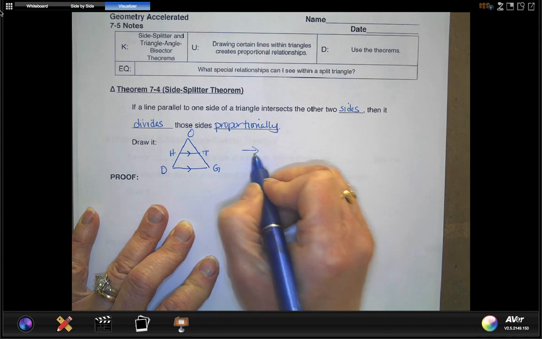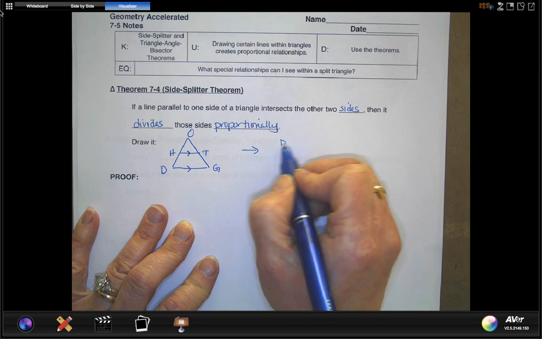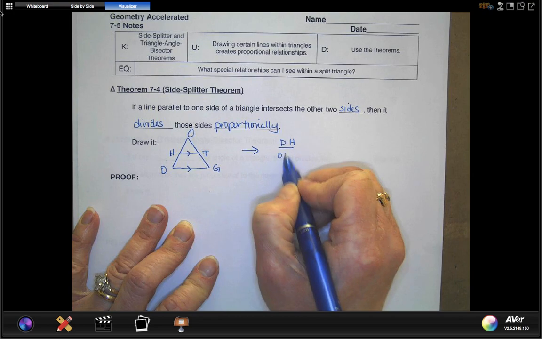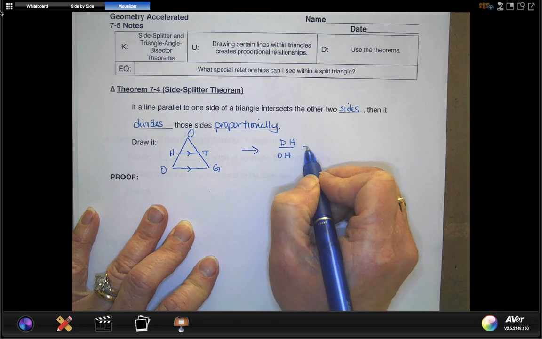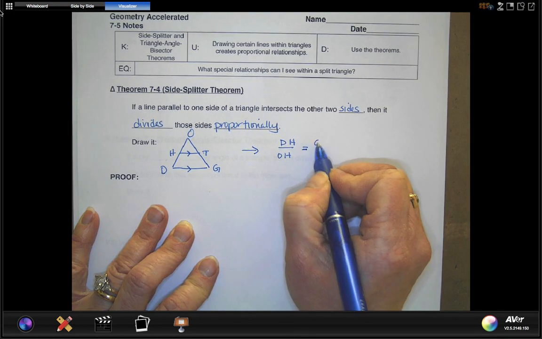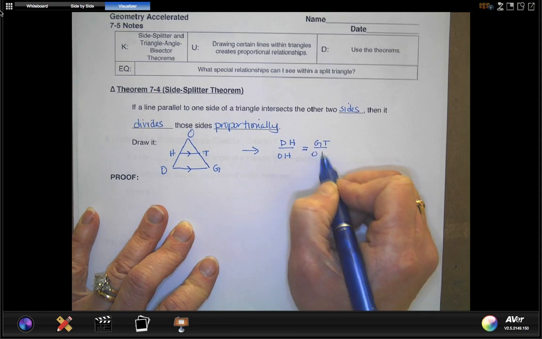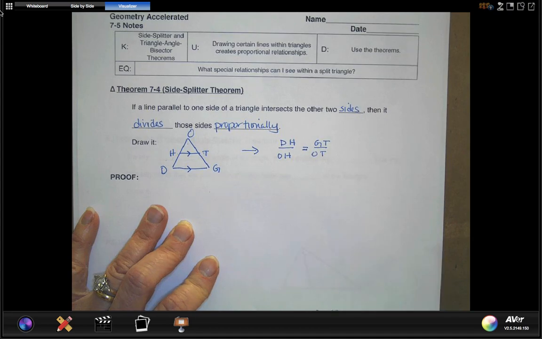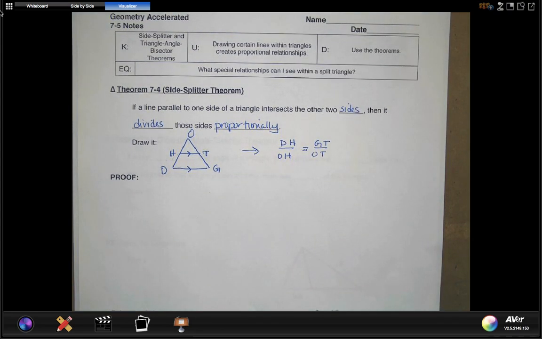Then what I'm saying is DH over OH is going to be equal to GT over OT. So this over this will be equal to this over this, okay? All right, so we're going to prove that below.